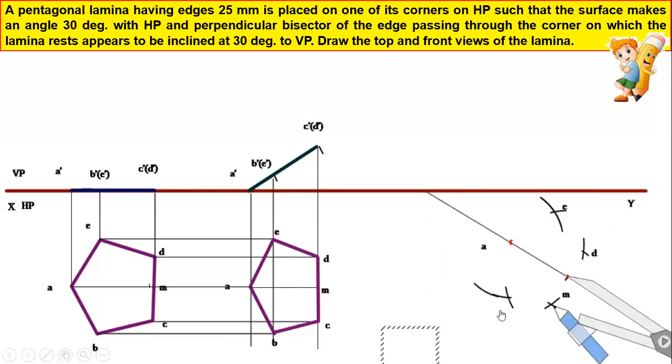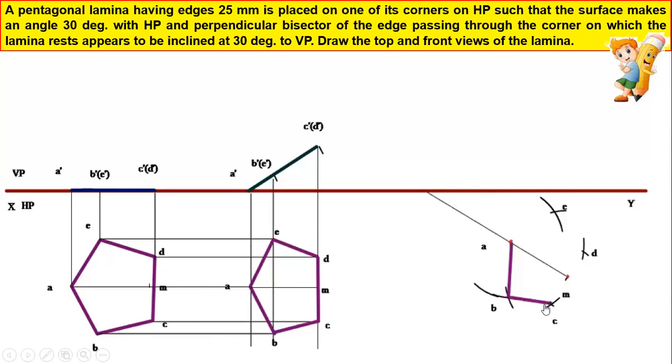So represent these points as B and C. Now use visible line to connect these points: A to B, B to C, C to D, D to E, and E to A.